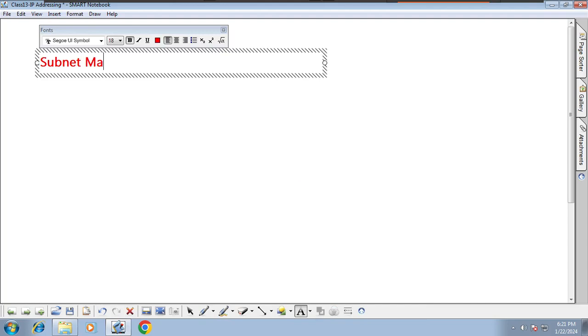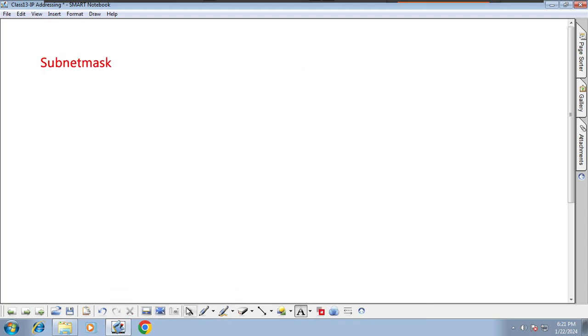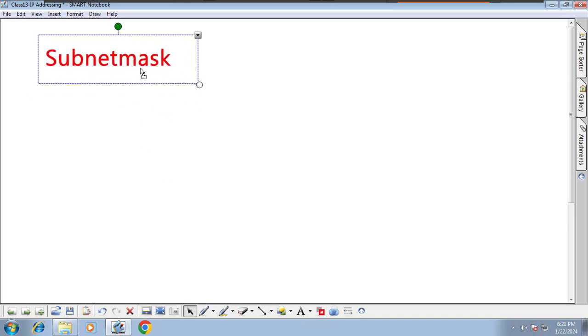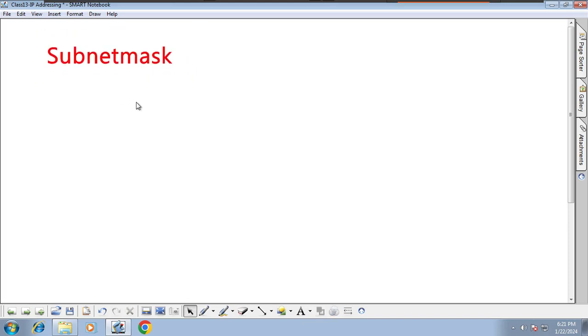Subnetting is different, subnet mask is different. Many people think subnetting and subnet mask are the same. No, they are different. Subnet mask is a value, subnetting is the process. Let us understand what a subnet mask is today. Subnetting we will cover in later classes.